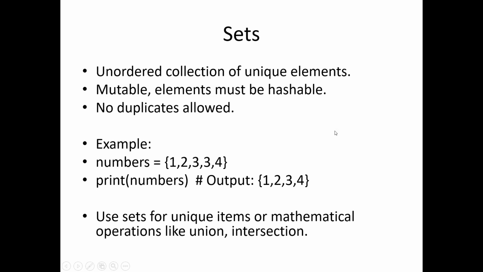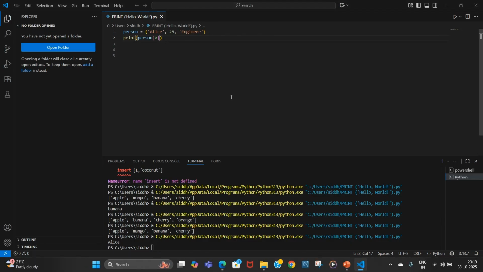Next up is sets. A set is an unordered collection of unique items, mutable, but elements must be hashable. Duplicates are automatically removed. So let's give it an example and try running this in our VS Code. Also remember that sets are defined with curly brackets.